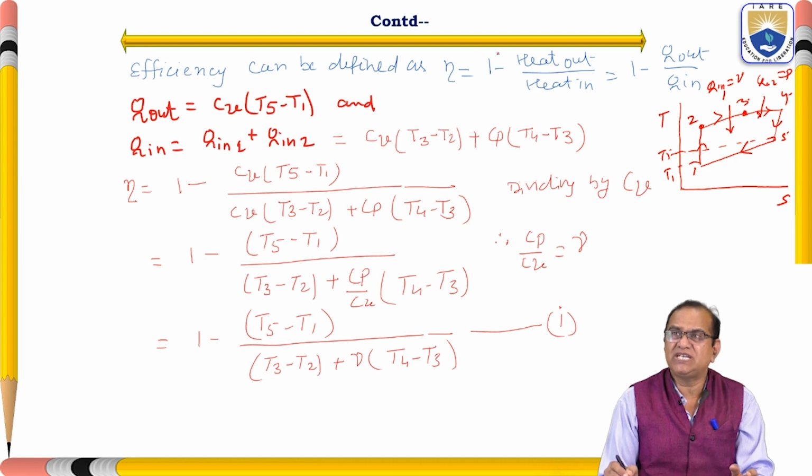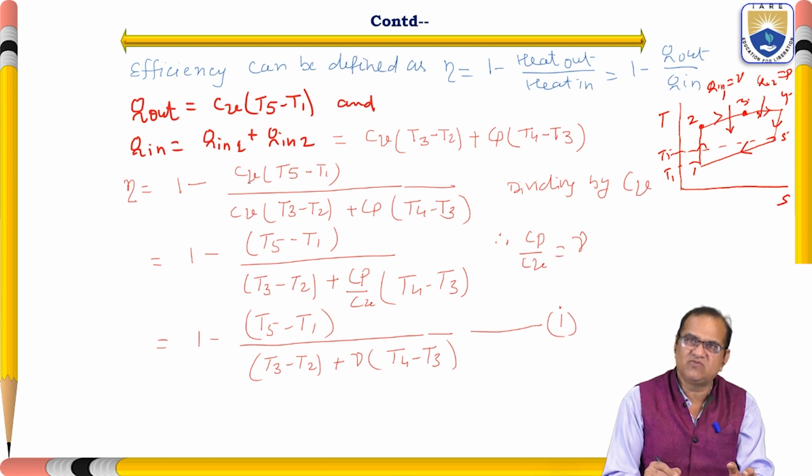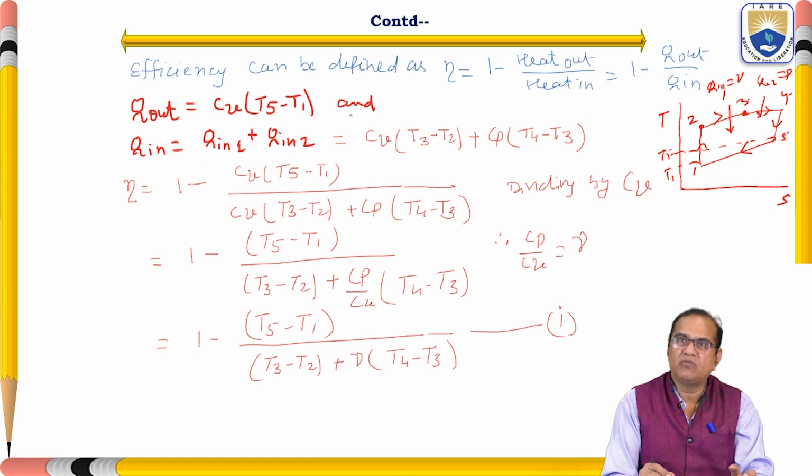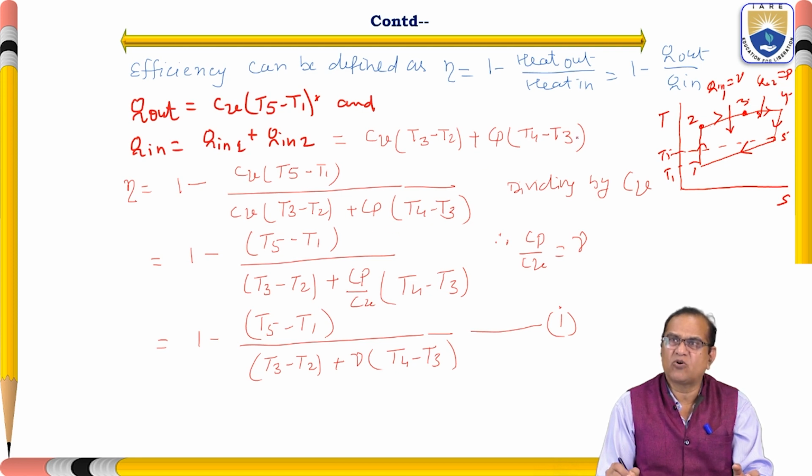So we have seen here that 1 minus Q out by Q in. So 1 minus CV T5 minus T1 as given here divided by CV T3 minus T2 plus CP T4 minus T3. So 1 minus, we will divide. So CV is cancelled. Here it will be CP by CV.